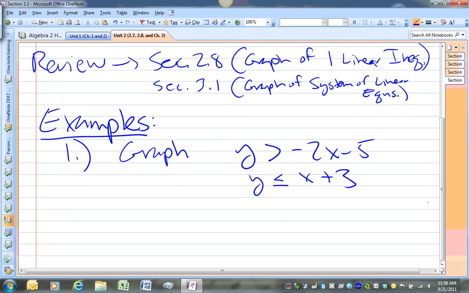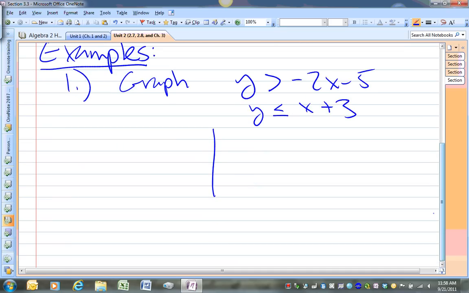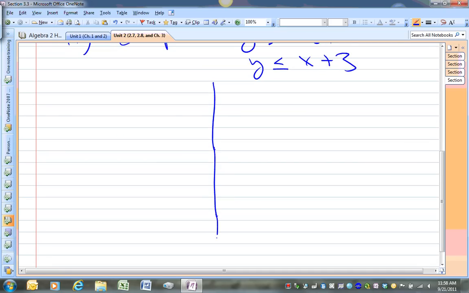So, as usual, you want to graph each one. And we'll make some tick marks. So let's do 2, 4, 6, 8, and 2, 4, 6, 8.